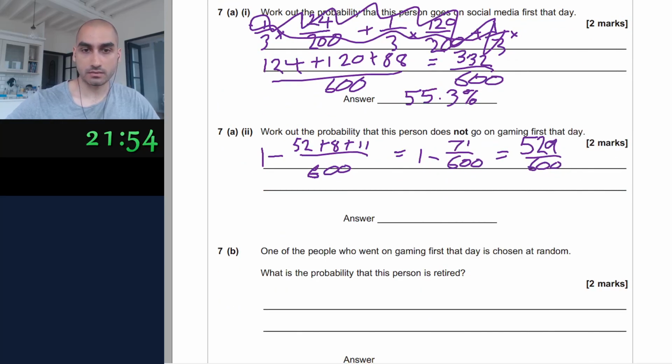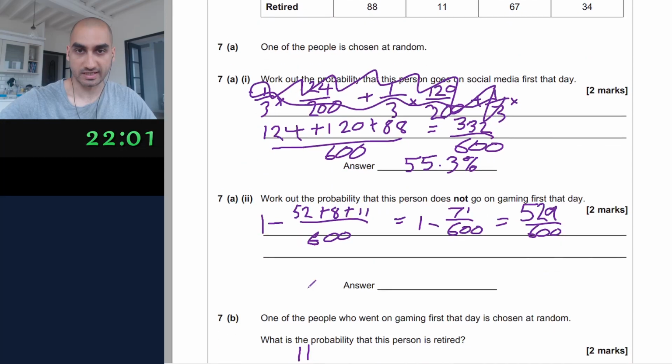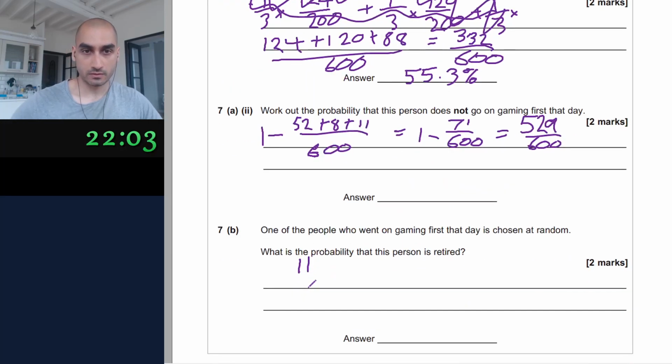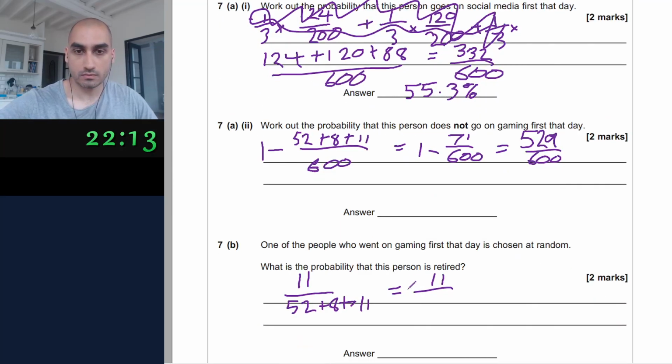So it'd be 11. It's Bayes' rule, but we don't have to write it out explicitly. 11 out of that number again, 52 plus 8 plus 11, equals 11 out of 71.